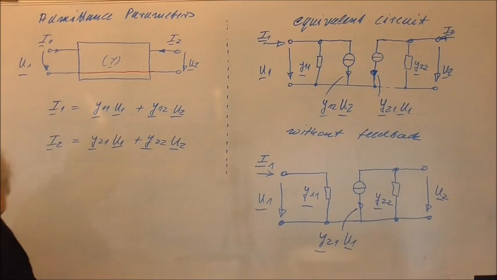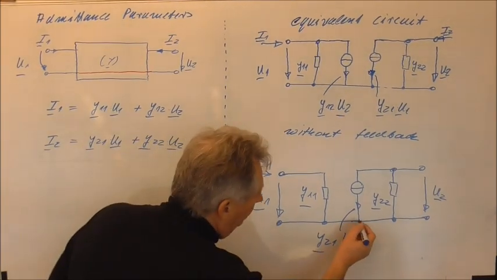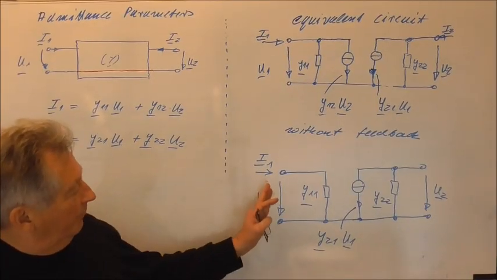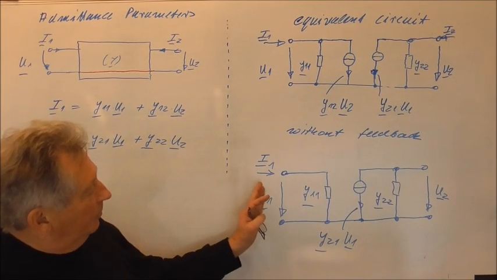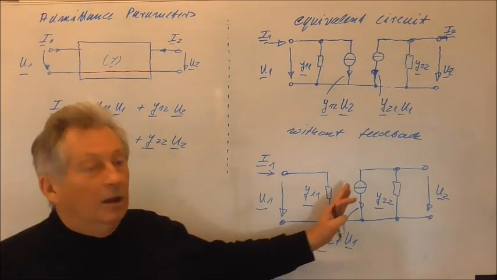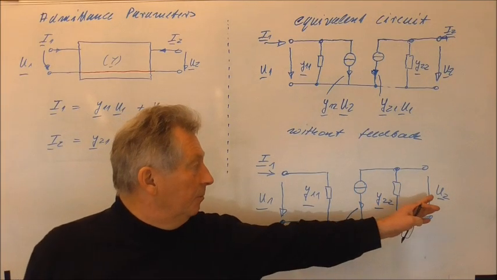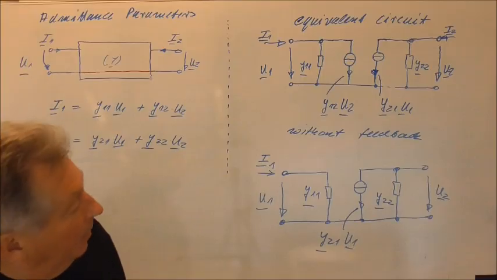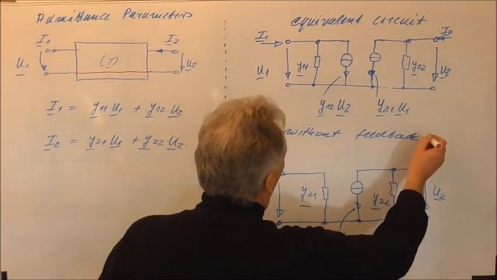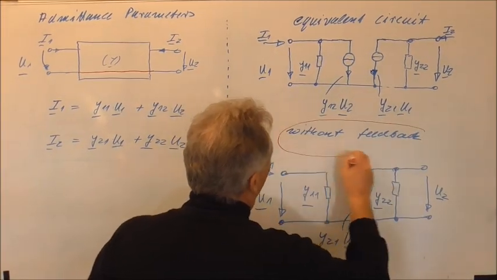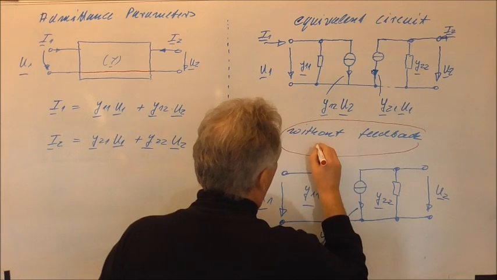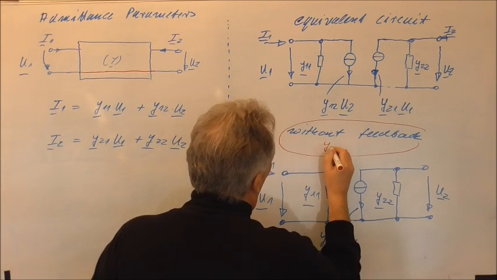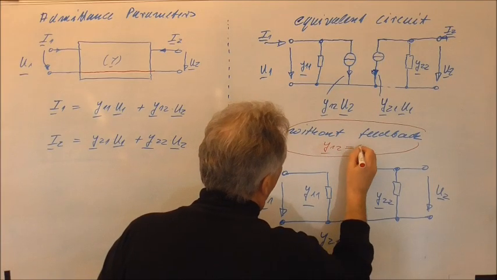But one must say, of course, this would be the ideal case where we just have an input signal and only the input signal will have an influence on the output, but the output signal will have no influence on the input, and this would mean we have no feedback, which is identical to Y12 equal to 0.